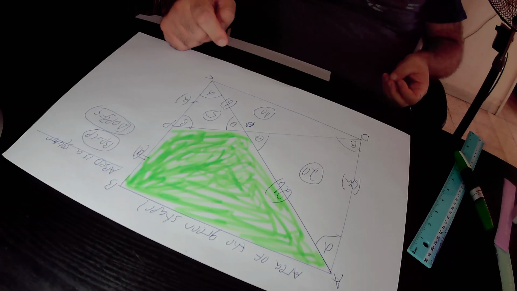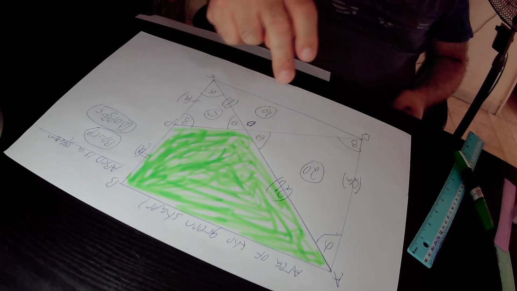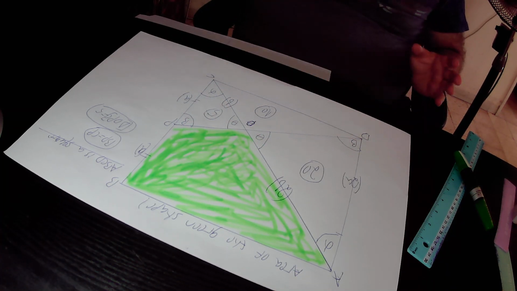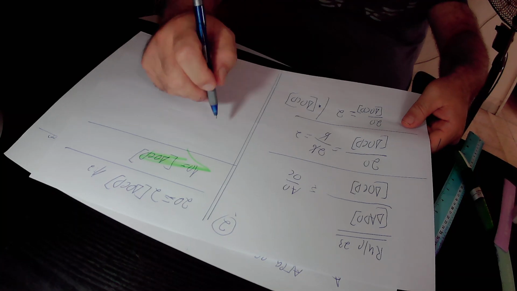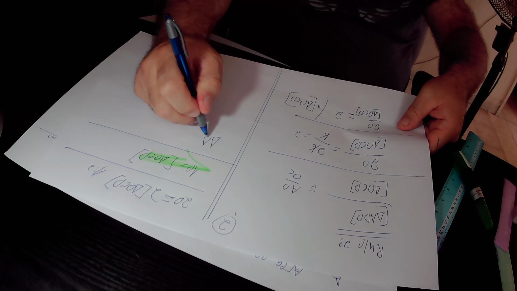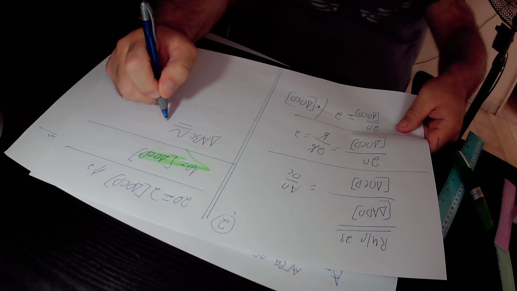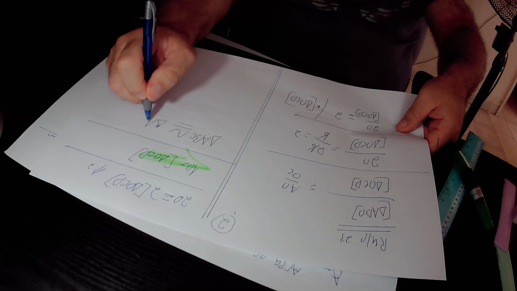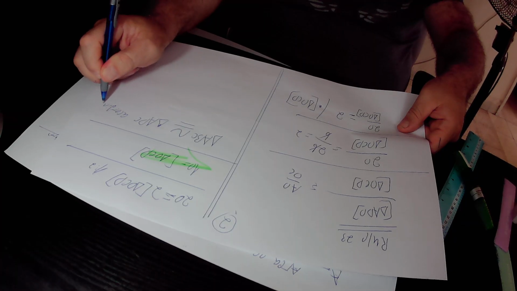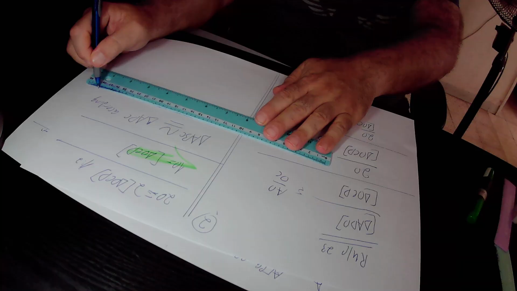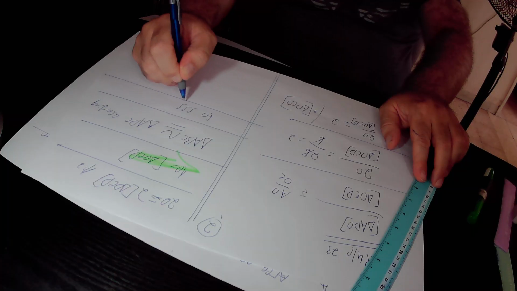So in total, we found out that the right triangle ABC can go into the right triangle ADC according to the side rule. So I write it down. We found out that the big right triangle ABC is congruent, this is the sign of congruent, to the big right triangle ADC according to the side rule.